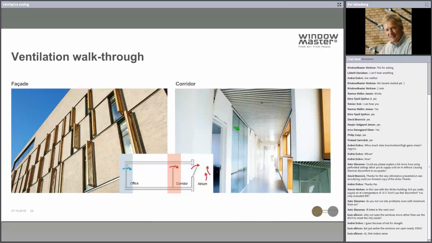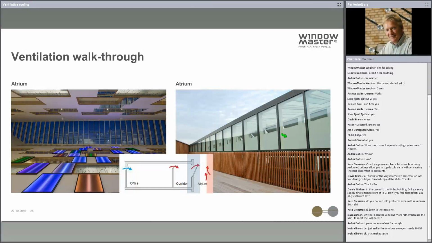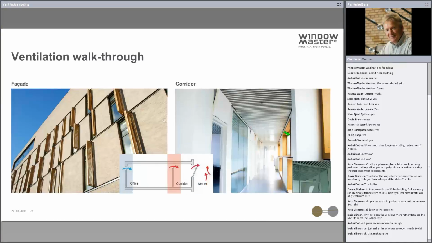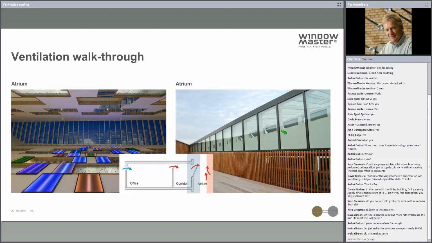And here on the other side you can see some larger openings into the atrium. You can see there's a chain built onto these openings, which allows the air to flow from the corridor into the atrium spaces. So here we are at the bottom of the atrium, and here you can see these windows from the corridor, which can be opened and then allow the air to enter the atrium space.